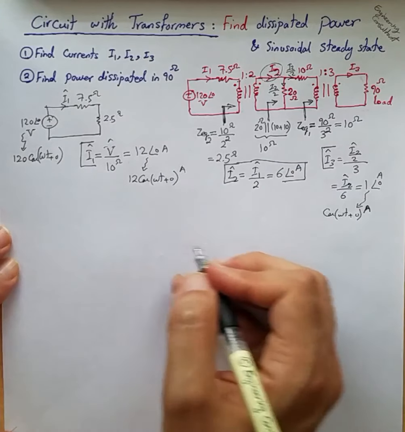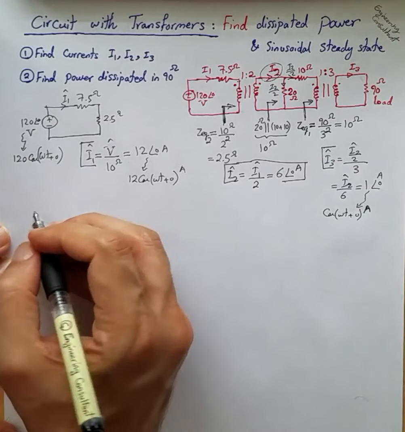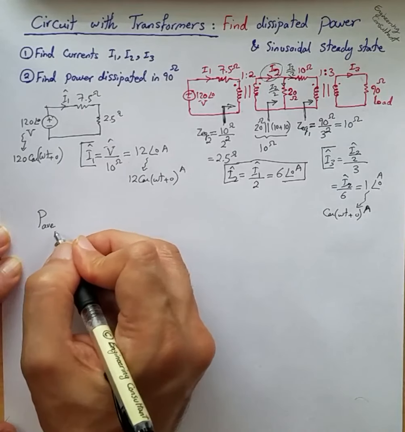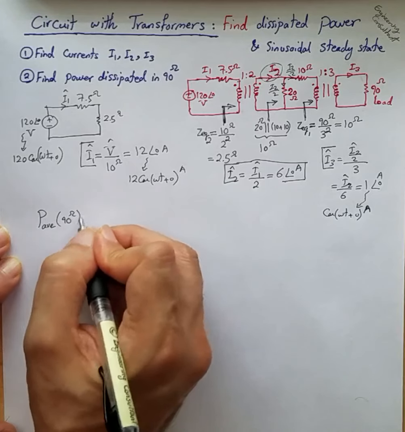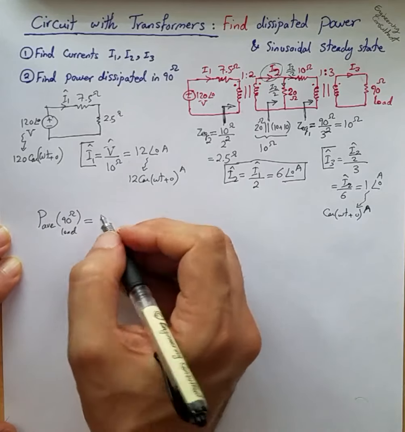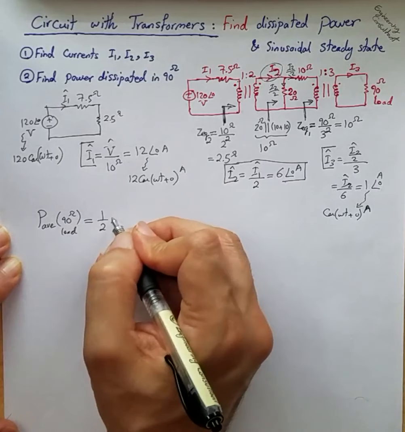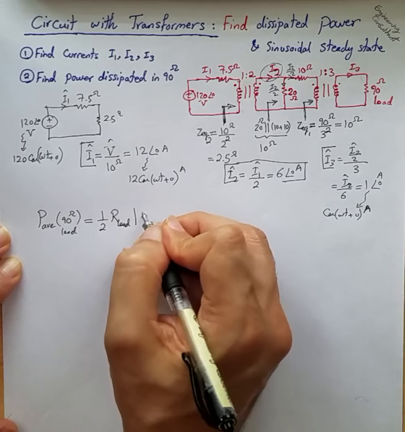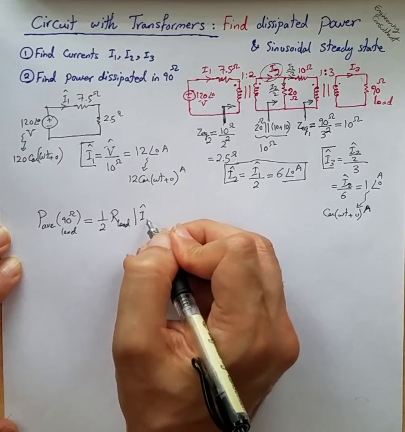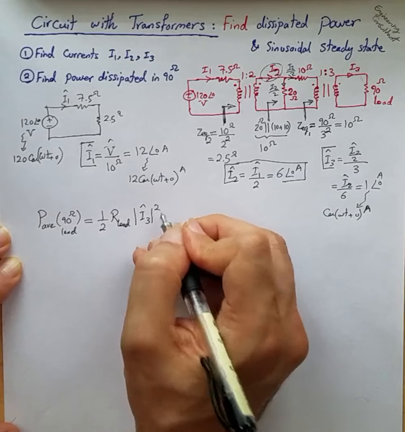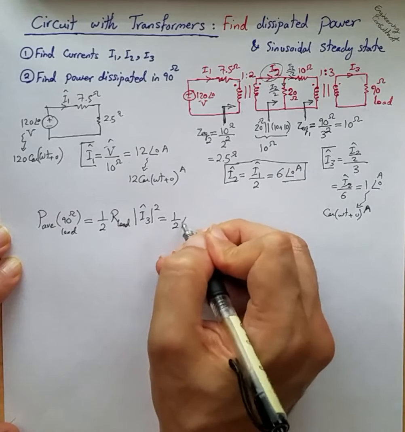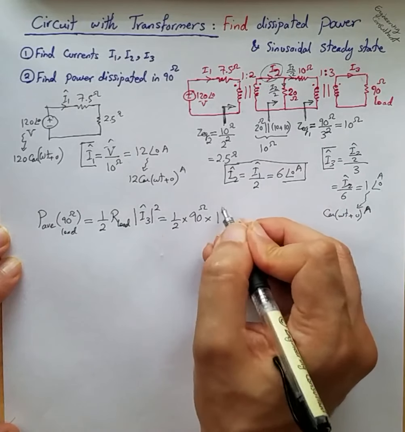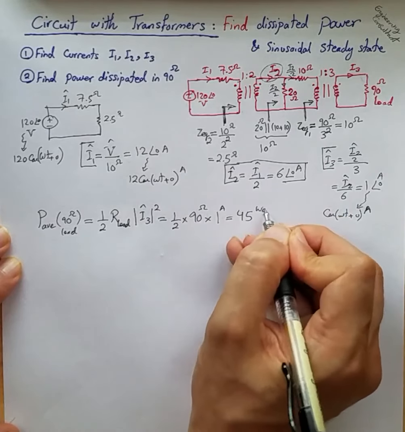Now the power dissipated in the 90 ohm is not difficult. The average power, the active power across the 90 ohm load, is simply half of the load times the amplitude of the current flowing through it squared. That is half of 90 ohm times 1 amp amplitude squared, so we get 45 watts.